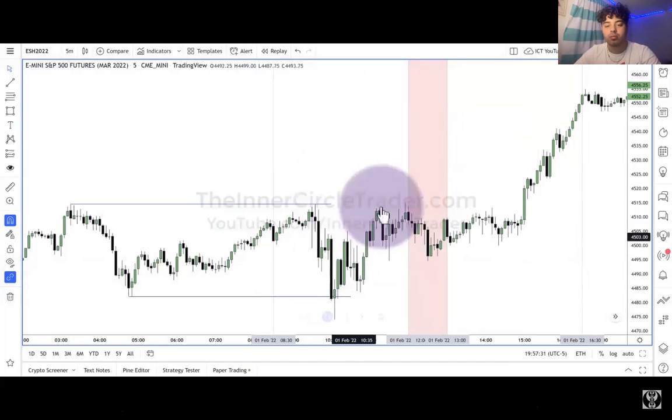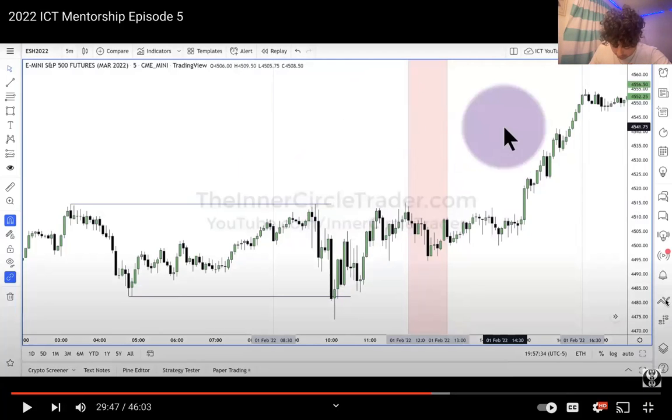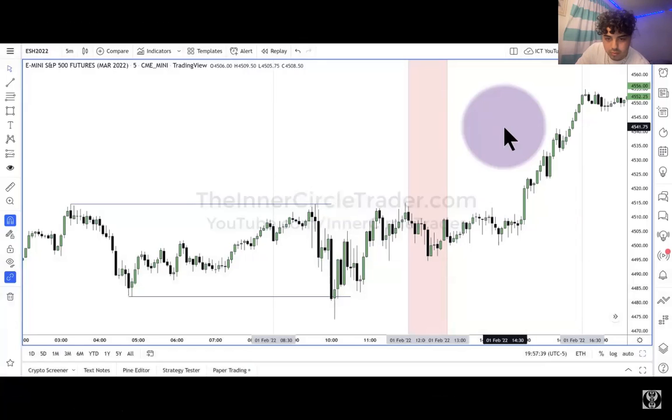Whatever the morning move was, it'll duplicate that twice. So if it moves up 200 points in the morning, the afternoon could see another 200 points in addition to that and have a 400-point range.